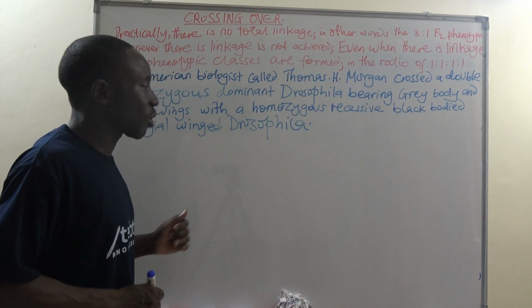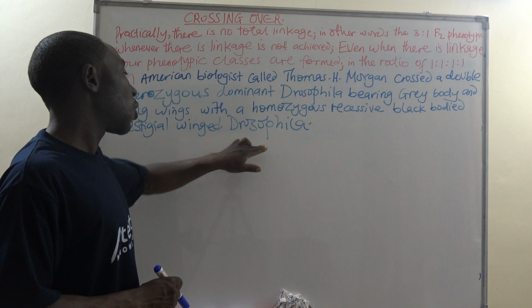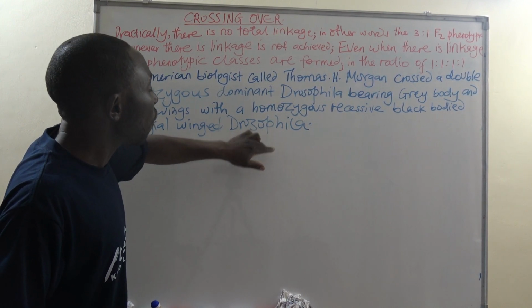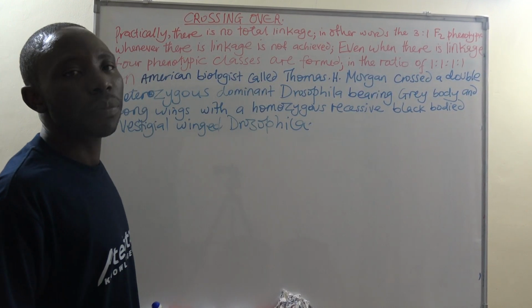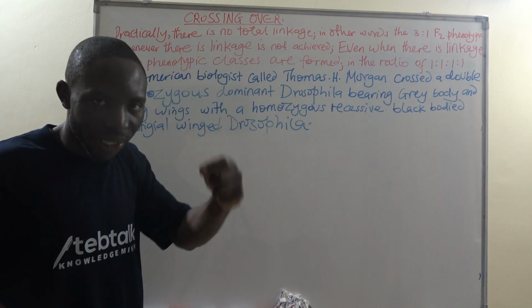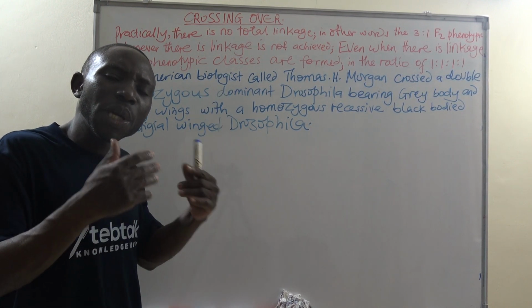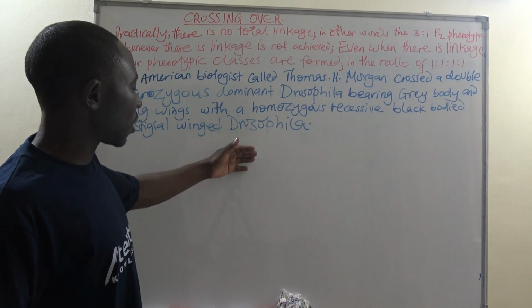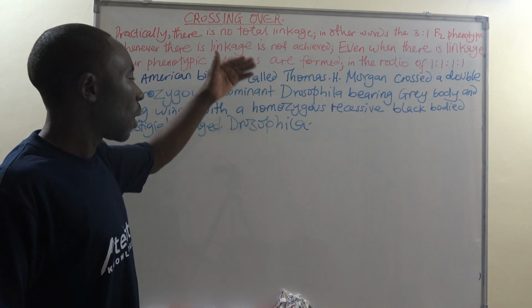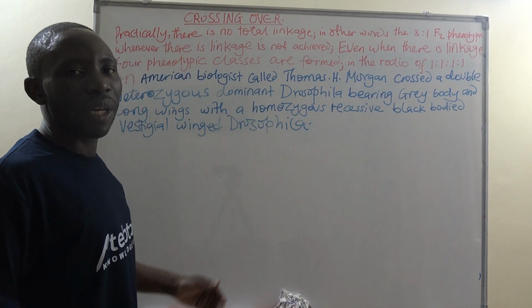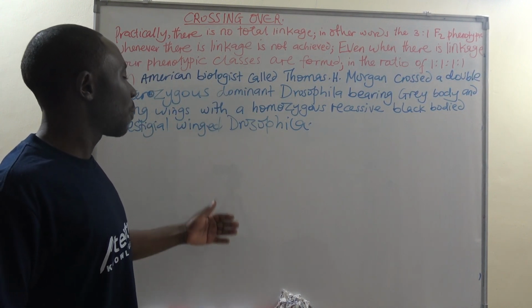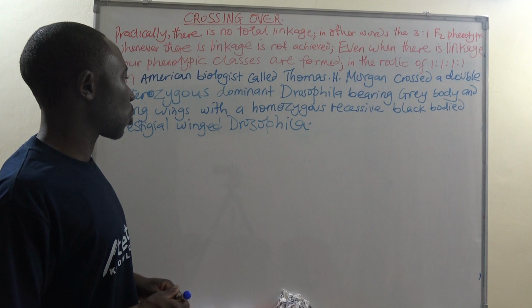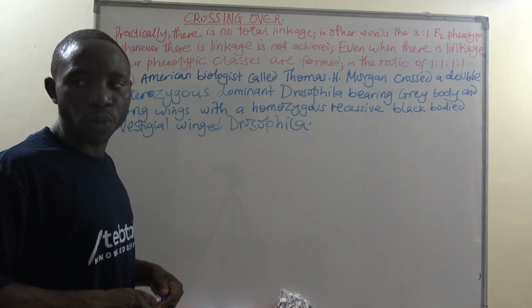In the second case, Morgan thought that if the genes were completely linked, in other words if there was total linkage, then we would expect two phenotypic classes in the ratio of 1 to 1, which was not true.